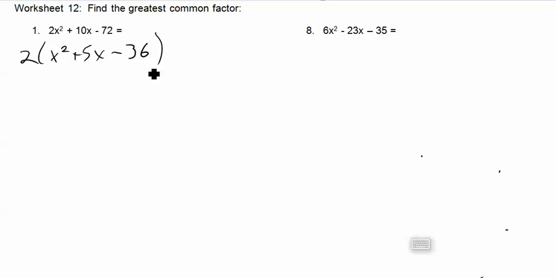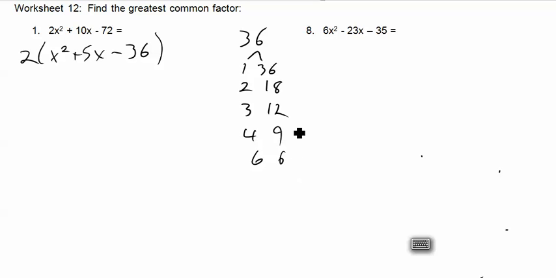Alright, so now I can factor this one. We're looking for factors of 36 that when I subtract them equal 5. 36 is 1 and 36, 2 and 18, 3 and 12, 4 and 9, and 6 and 6.